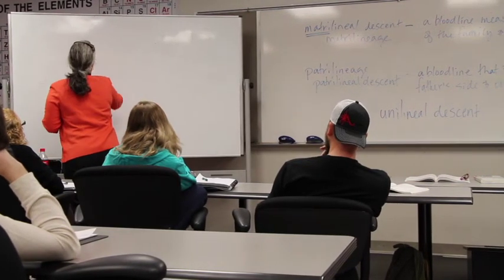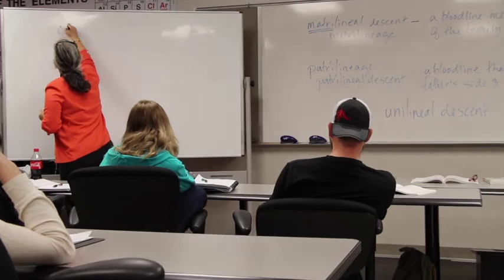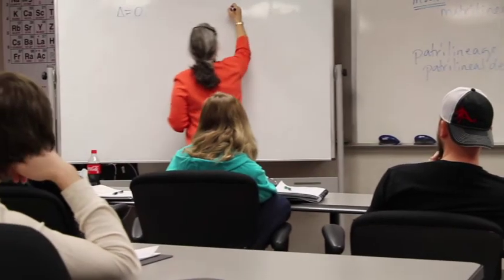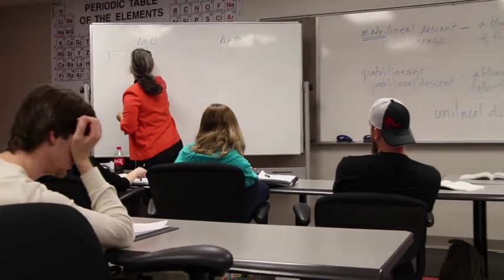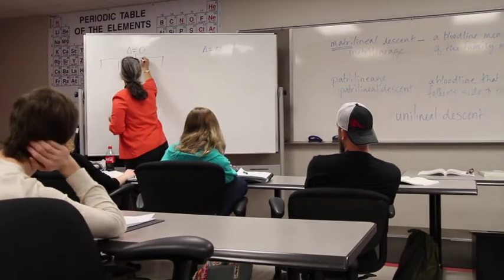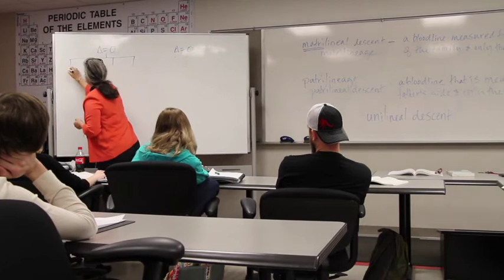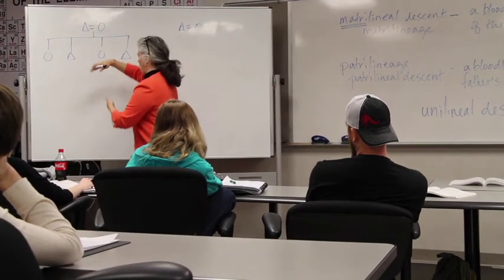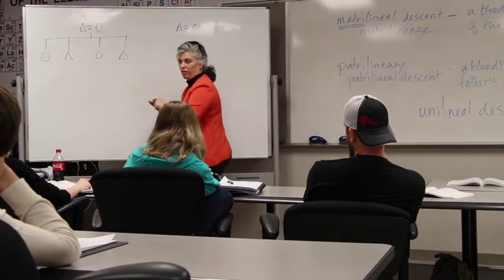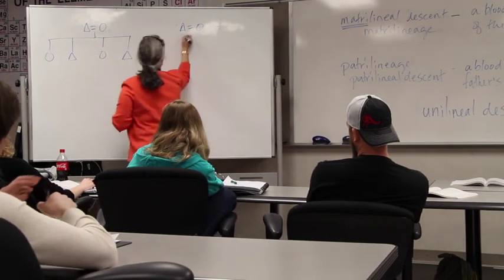Okay. So here is a set of grandparents and another set of grandparents. And forgive me, I do this kind of quickly, so sometimes my lines are off. These are supposed to be straight lines, okay?